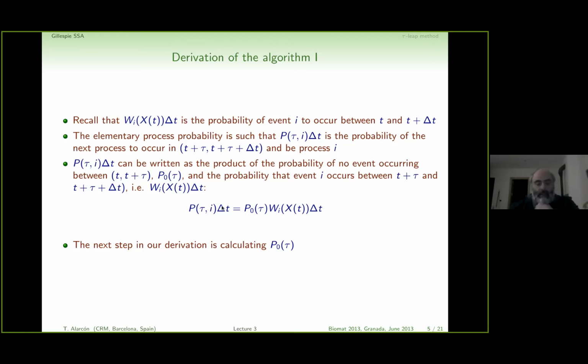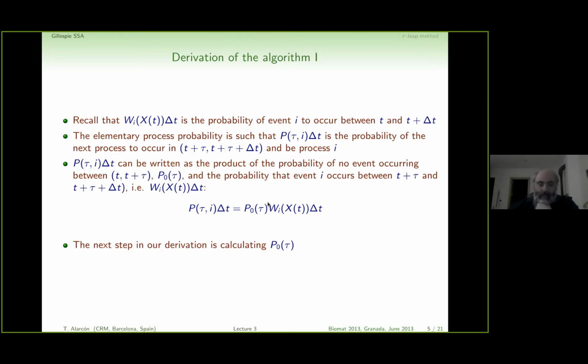Now obviously, if we want to derive this, because of the Markov property, we can write this quantity as the product of this P naught, the probability that nothing has happened between t and t plus tau, and the probability that whatever occurs within t plus tau and t plus tau plus delta t.